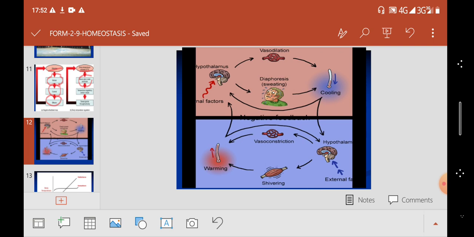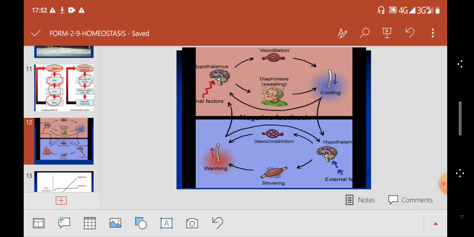And those behavioral are, for example, removing clothes in response to very high temperatures, wearing on clothes in response to very low temperatures. In other cases, we have the blood vessels getting deeper into the skin when it is very cold.